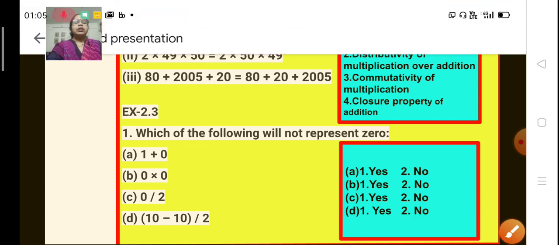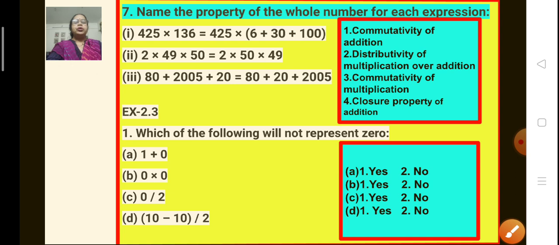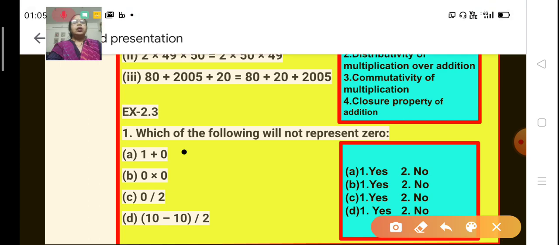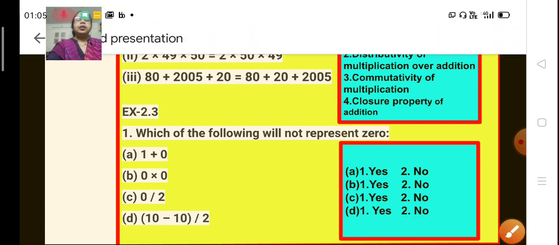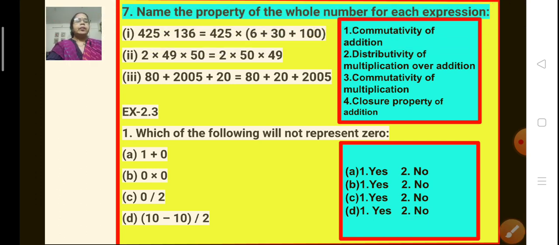And the last one, 10 minus 10 upon 2: 10 minus 10 is 0, so 0 upon 2 will also be 0. So only the first one represents the whole number 1. All the other expressions represent 0.